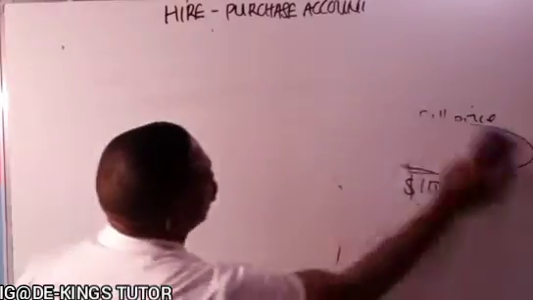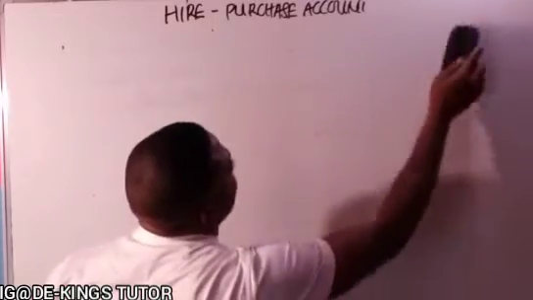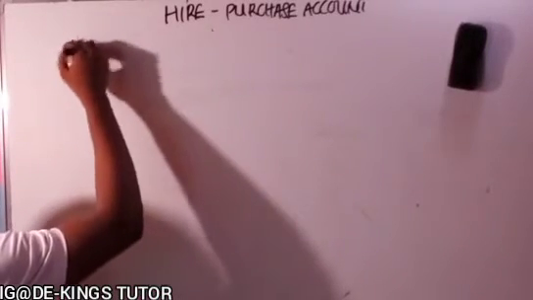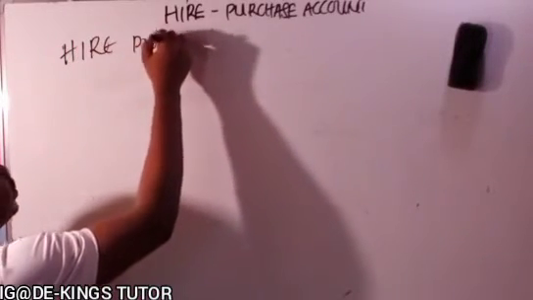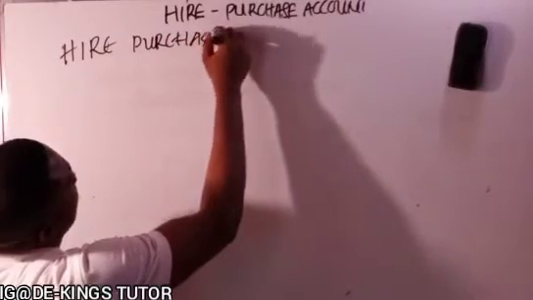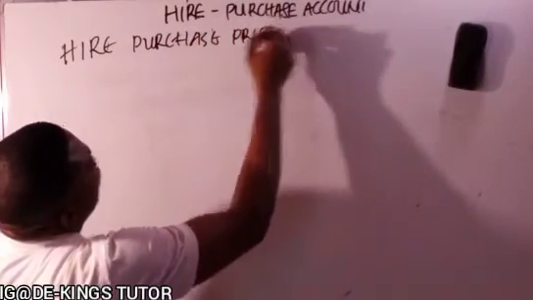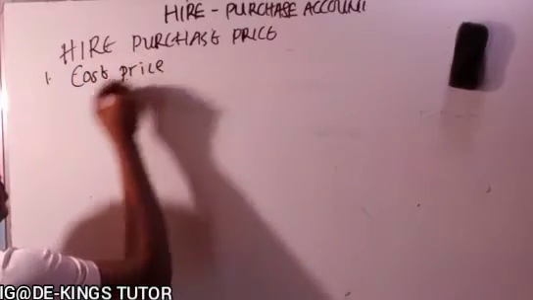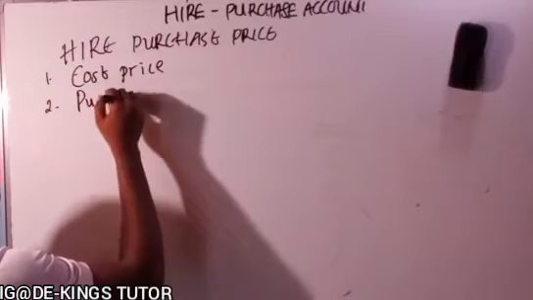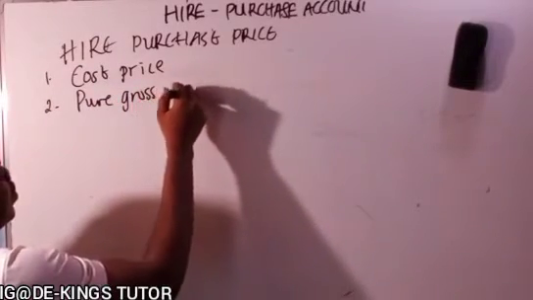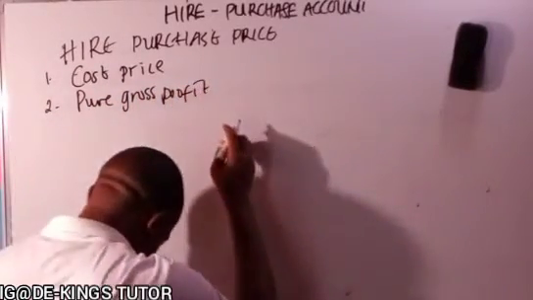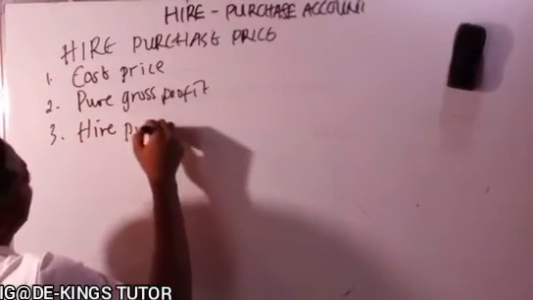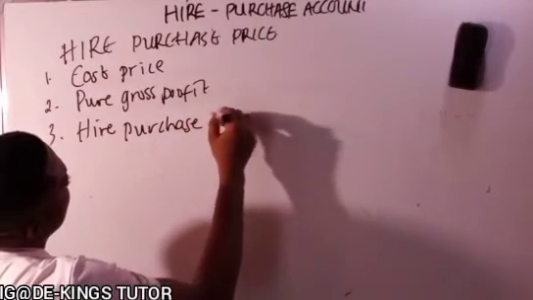Okay, now let's see basically what we mean by the hire purchase price, or what comprises the hire purchase price. Now, the hire purchase price comprises of three things: the cost price, the pure gross profit, and the hire purchase interest.